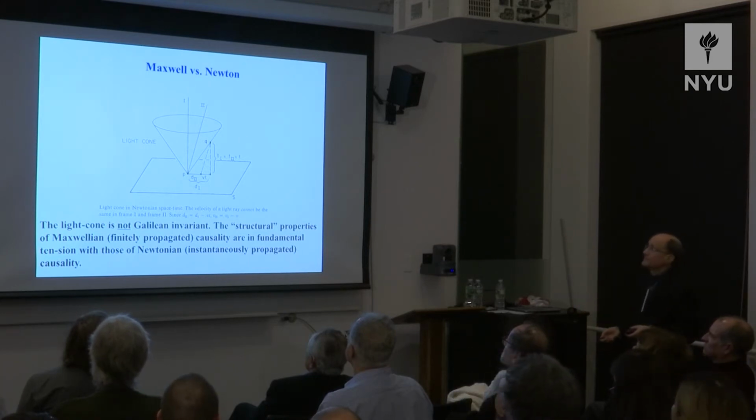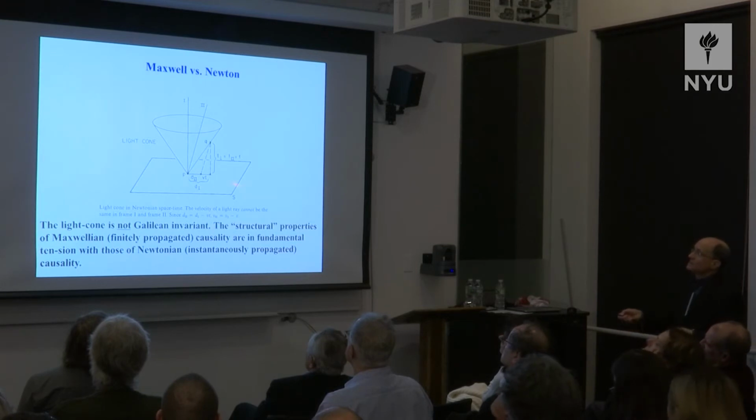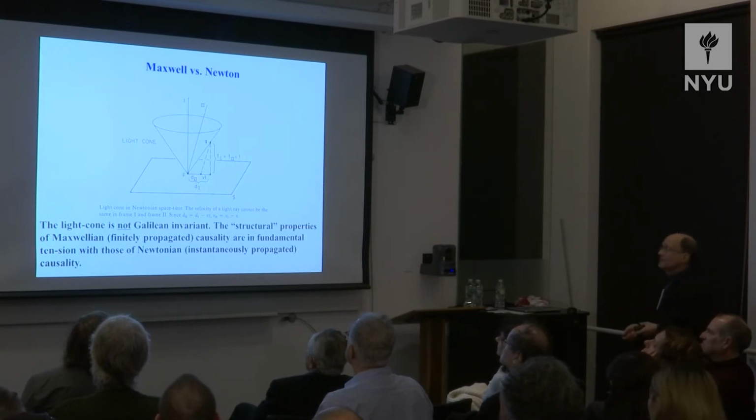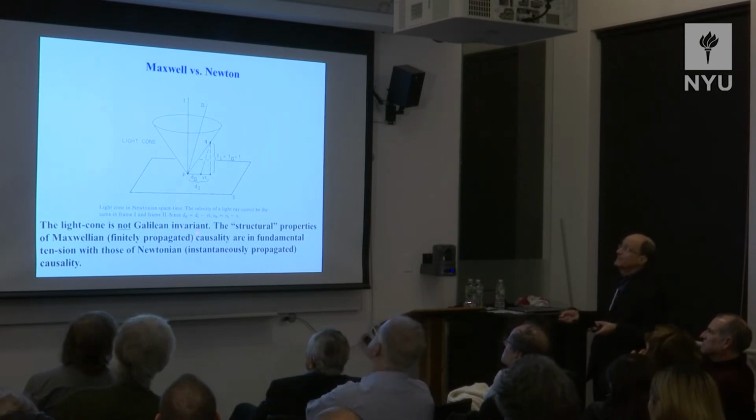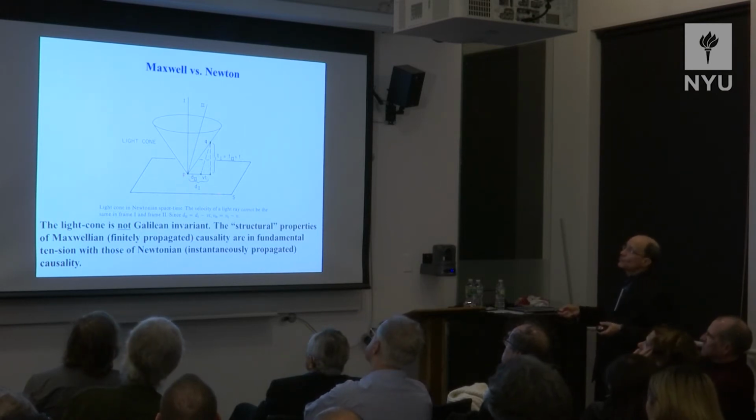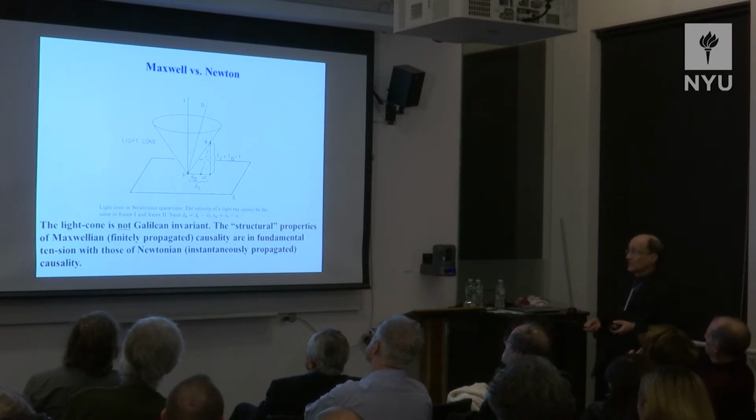sphere of light. Okay? And this plane S are all the events that are simultaneous with this one. And similarly, if you've got one up here, it's all the events that are simultaneous with this one. And the idea in the Newtonian theory, somehow a tacit idea, is that given an event, there's only one plane of simultaneity that it's on.